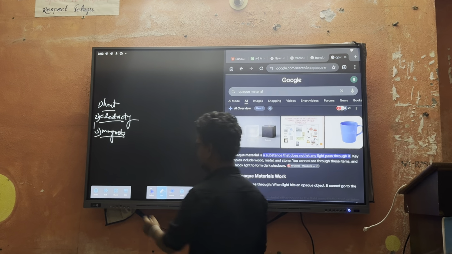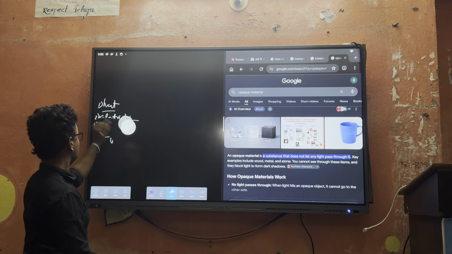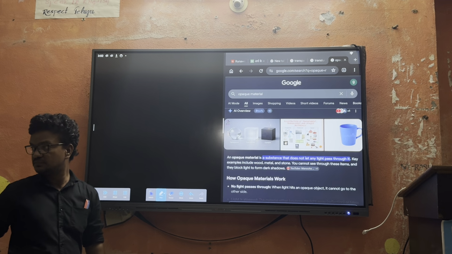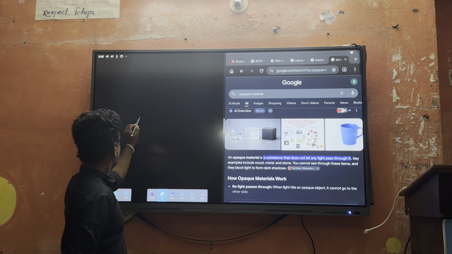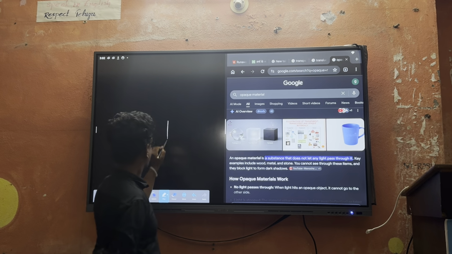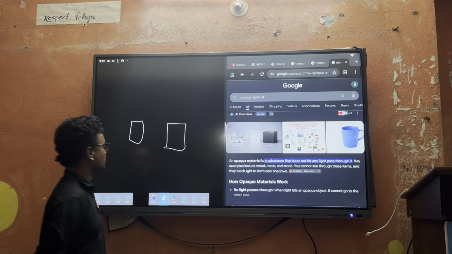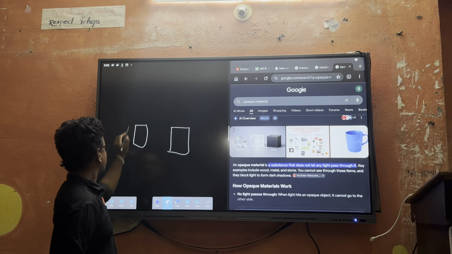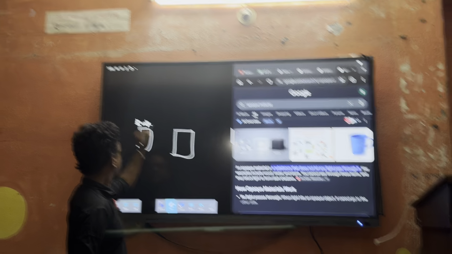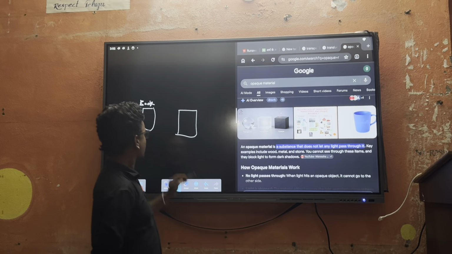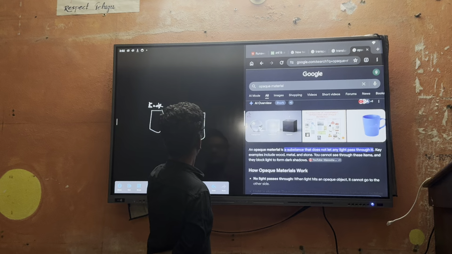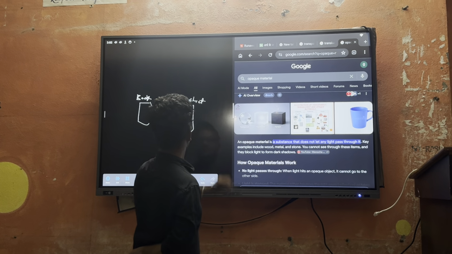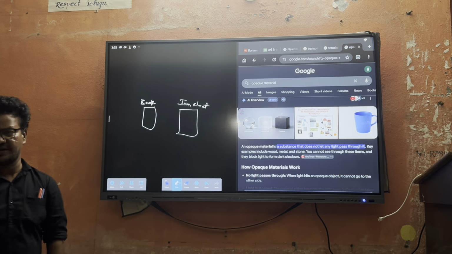Here I place two objects: this is a book, and this is an iron sheet.